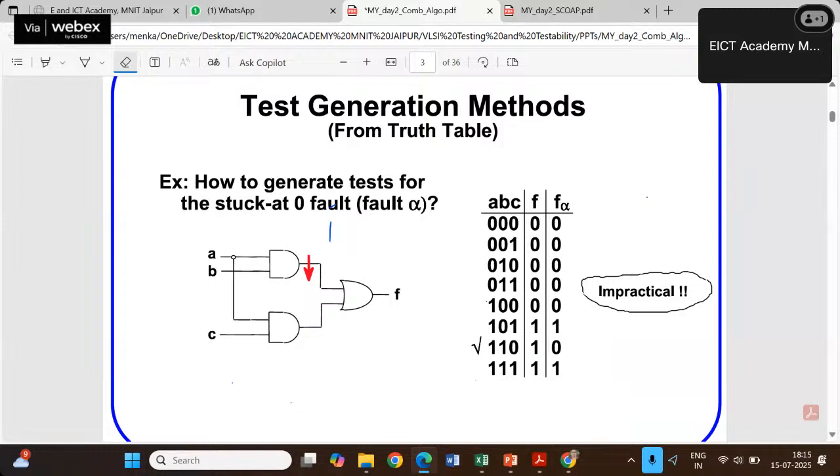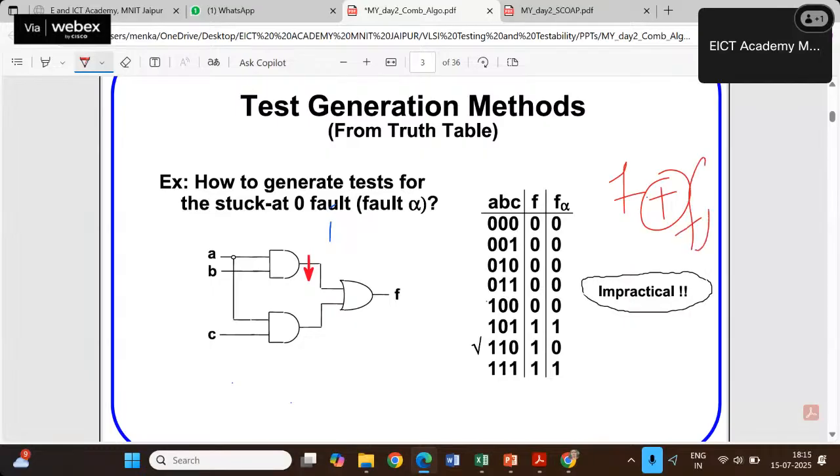So if I take f XOR f alpha, then except this value, everywhere I will have 0 entries. So I have to figure out the set of test input vectors where f XOR f alpha is equal to 1. And that is my test pattern.